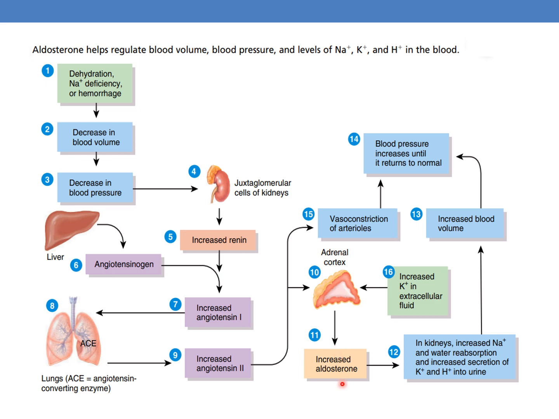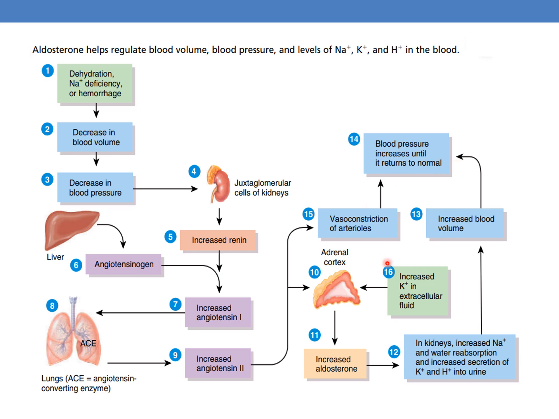Increased levels of aldosterone act on the kidney, where increased sodium and water reabsorption takes place and increased secretion of potassium and hydrogen into urine occurs. This is the major action. By this, it increases the blood volume. Increased blood volume increases the blood pressure until it returns to normal.